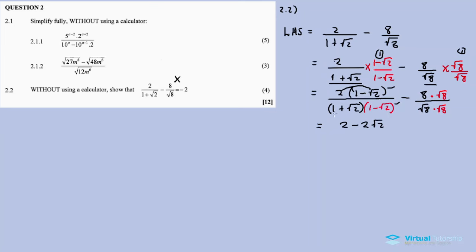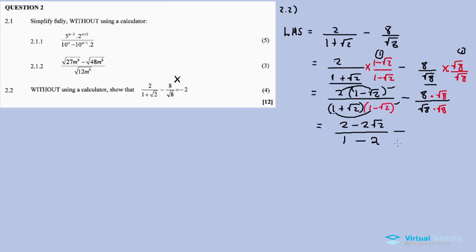But here, since it's a bracket of a difference of two squares, you just say 1 times 1 is 1. And then the positive square root of 2 times negative square root of 2 is negative, since a positive times a negative is a negative. The square root of 2 times the square root of 2 is 2.